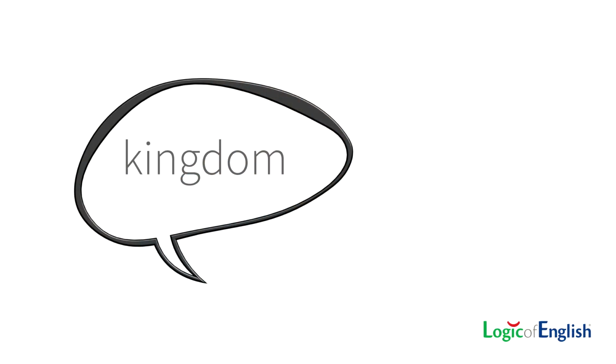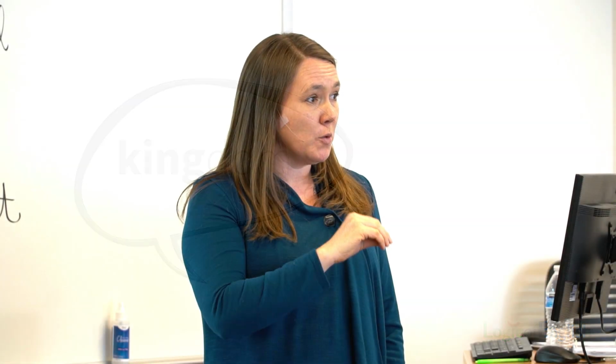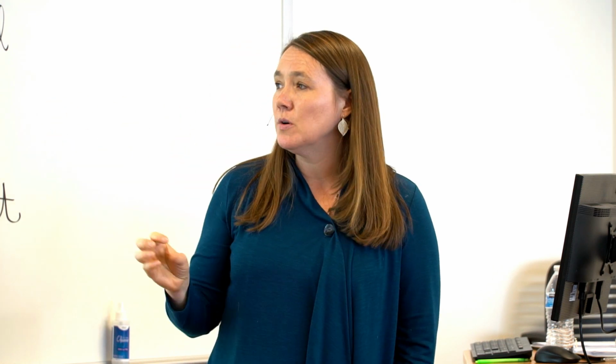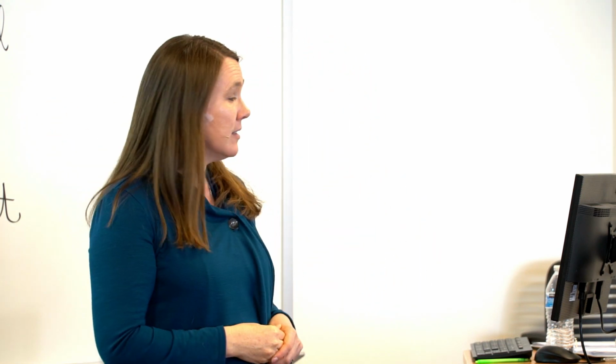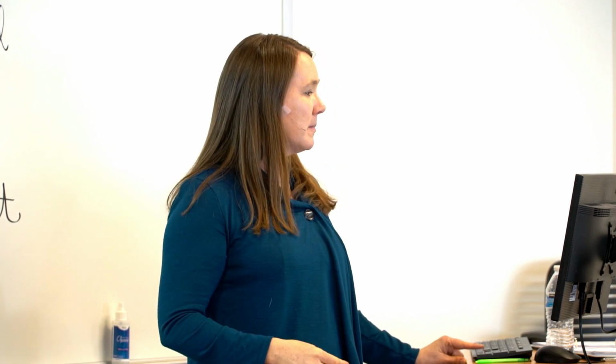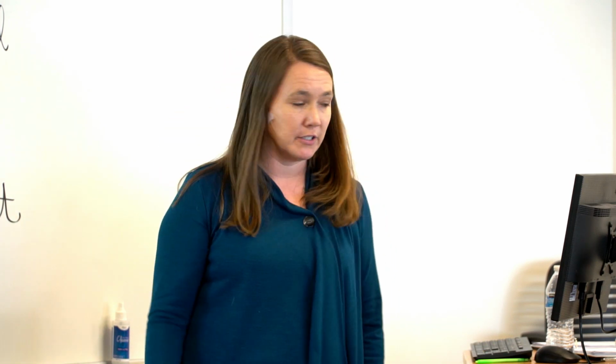So if you look at this word, kingdom, which syllable are you saying really clearly? King. You can even feel this, kingdom. Can you feel your mouth open bigger for king? Kingdom. And the o is a schwa sound, and so it's not said very clearly because we're being lazy. We didn't open our mouths to say it really clearly.